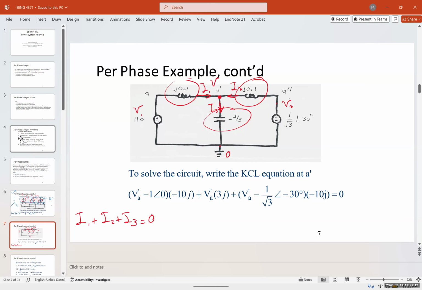Now, if I want to find I1, can you help me and tell me what I1 would look like if I do a KCL and Ohm's law? VA prime, this voltage, minus V1, which is 1 with a degree of 0 degree, over J0.1 ohms. Am I correct? Now, 1 over J is equal to what?